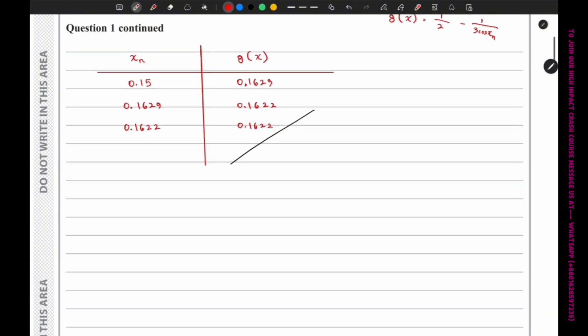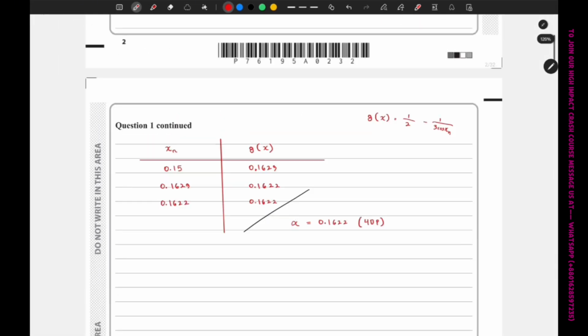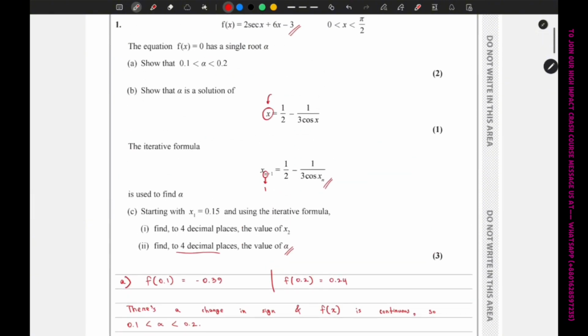So the value of alpha is 0.1622, corrected to 4 decimal places. So this is how you usually find the roots using an iterative formula they have given. So that is it for this question.